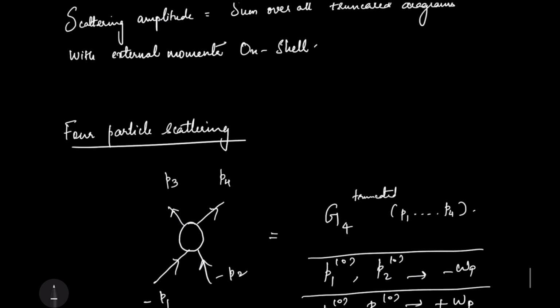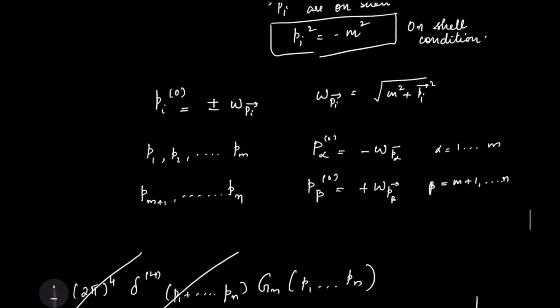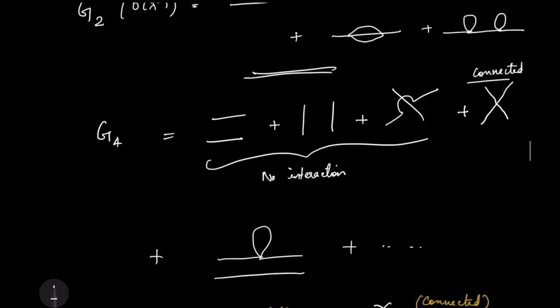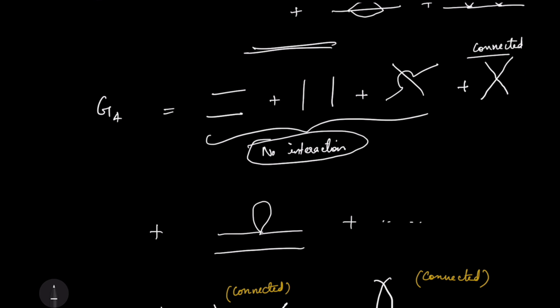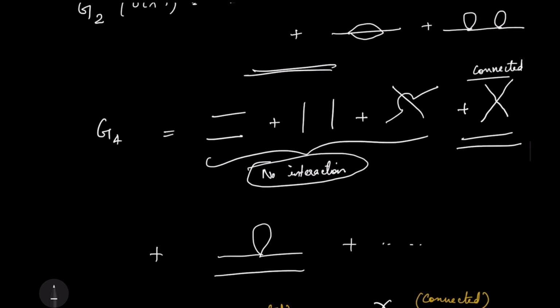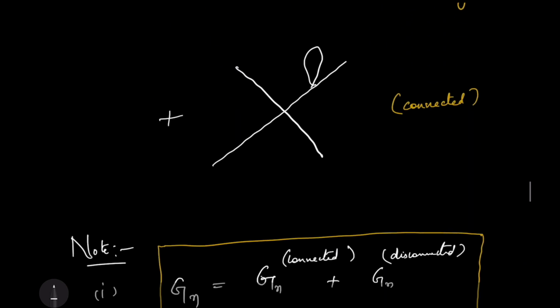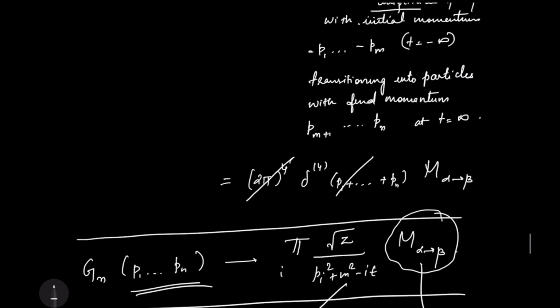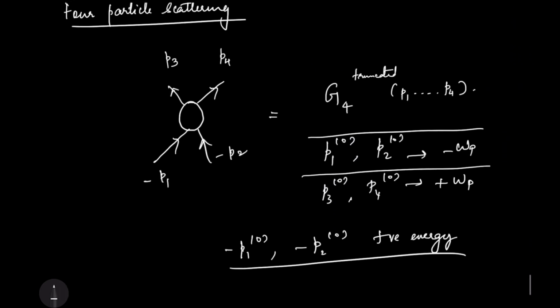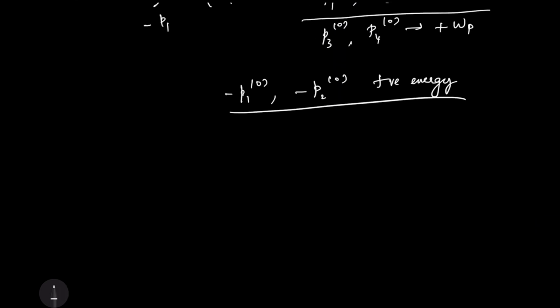Okay, so now in these diagrams, if you consider, then these are all with no interaction, and the leading order interaction term is something like this. So the leading order interaction for the 4-particle scattering will be, right, minus p1 minus p2, p3, p4 plus the other higher order terms.